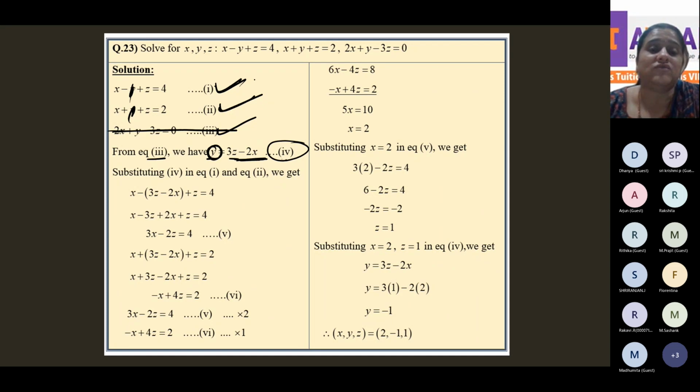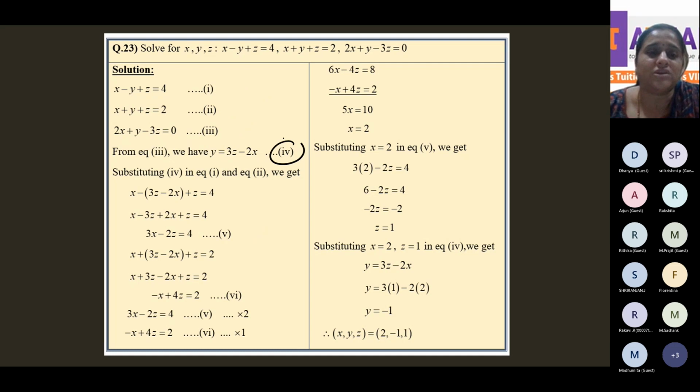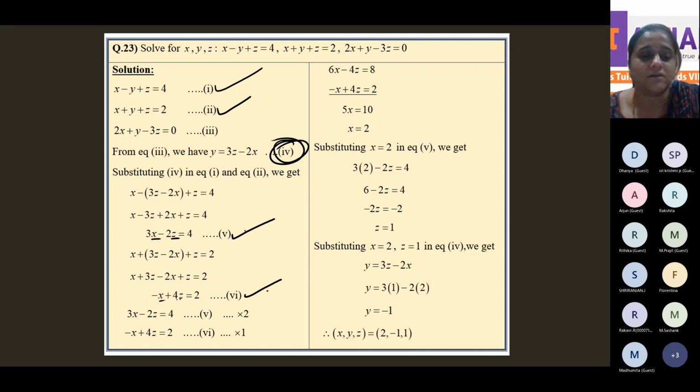You will get two new equations, 5 and 6. When you substitute 4 in 1, you will get a new equation 5. When you substitute 4 in 2, you will get another new equation 6. Now these equations 5 and 6 don't have the variable y, they'll only have x and z. Now solve these two equations and find the values of x and z, and hence find y.